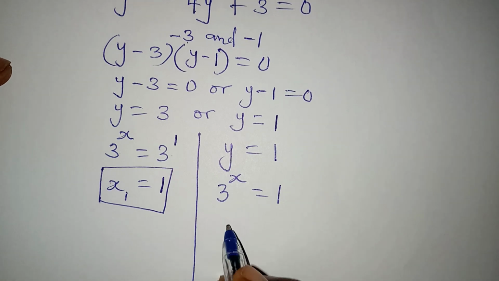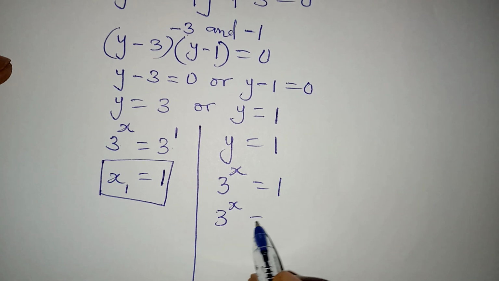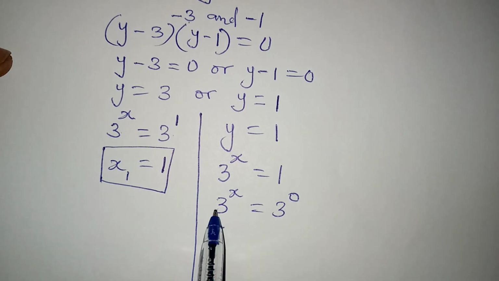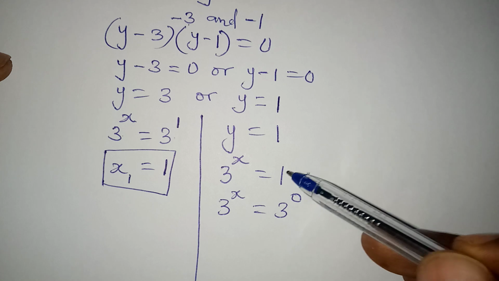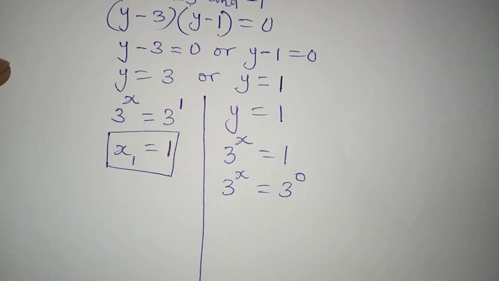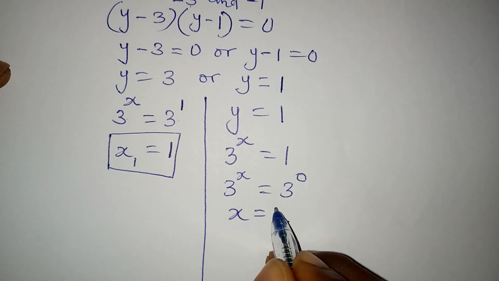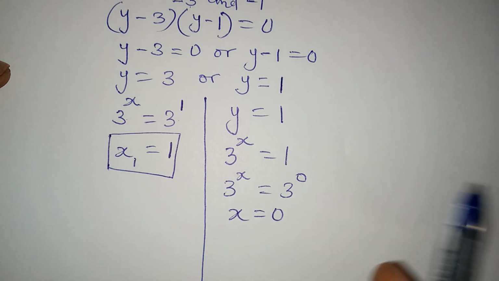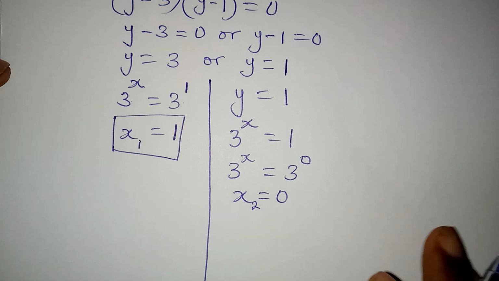Or in other words, I can do it this way: 3 to the power of x equal to 3 to the power of 0. I needed to have the same base, and remember that 3 to the power 0 will still give us the 1 there. So from here now, we can conclude that x is equal to 0 because we already have the same base. We compare the powers. So we'll call this our x2.